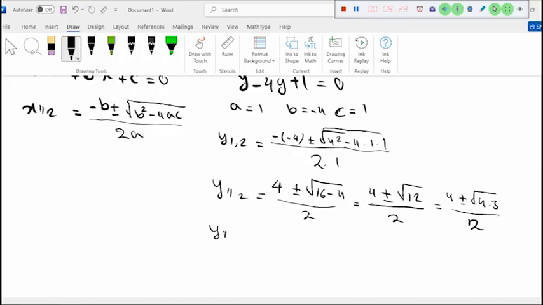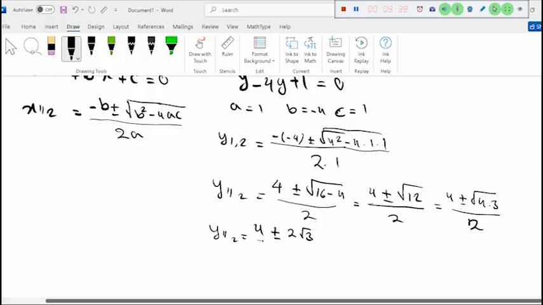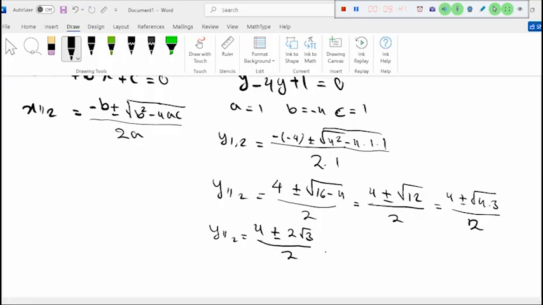Then y1,2 equals 4 plus and minus the square root of 4, which is 2, multiplied by the square root of 3, over 2. We take out the common factor 2, and here remains 2 plus and minus the square root of 3 over 2.